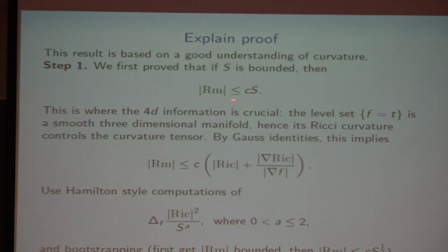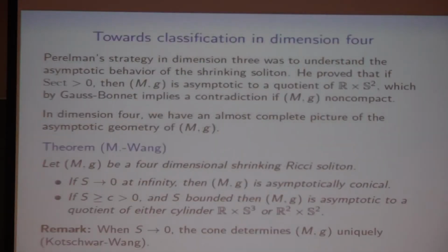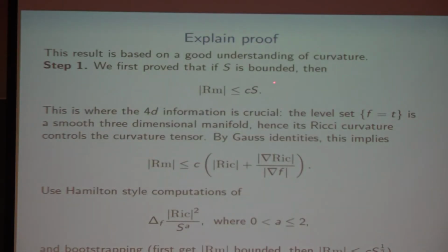The reason why this is interesting is, in view of this kind of dichotomy, we hope to use the fact that if S goes to 0, it forces everything to go to 0. That should be very special, right? In that sense, this is interesting because it says when scalar is small, everything is small.